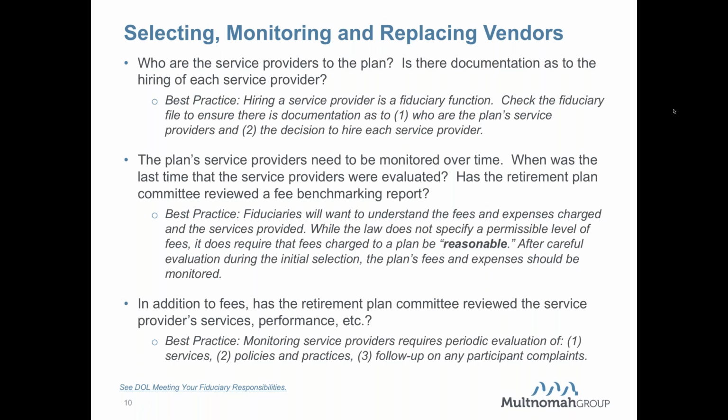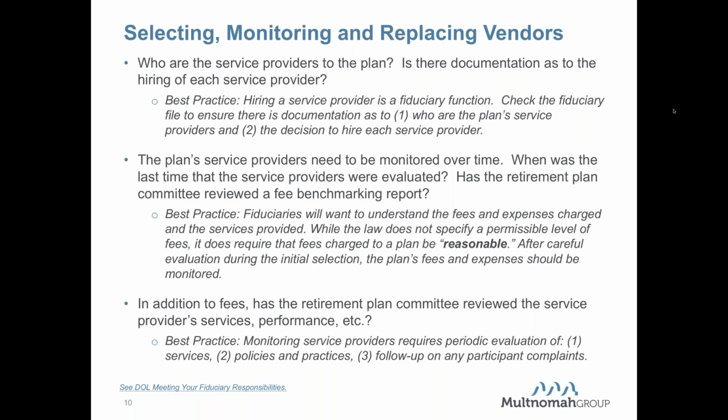But if you take a look at that vendor and see that they cannot properly facilitate, maybe it's the loan process, maybe they're not able to provide the documentation that's required for participants as well as the plan sponsor, and that creates some sort of regulatory problem, then if that's going to become a recurring problem, you would need to reevaluate that provider.